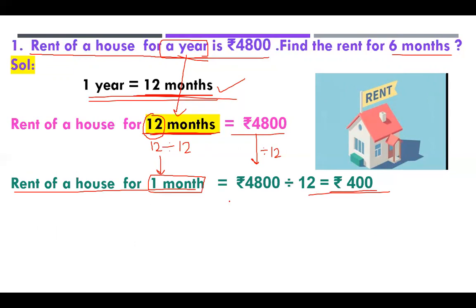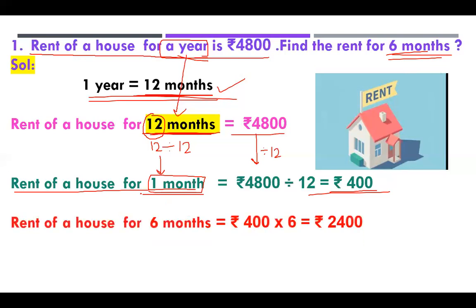So children, why have we converted? Because it is easy to find: if you know the value of one thing, then you can find for multiple things, right? That's why we divided first to get the value of one thing, 1 month, and then we will find for 6 months. Now the only concept left is that we have to make 1 into 6 by multiplication.